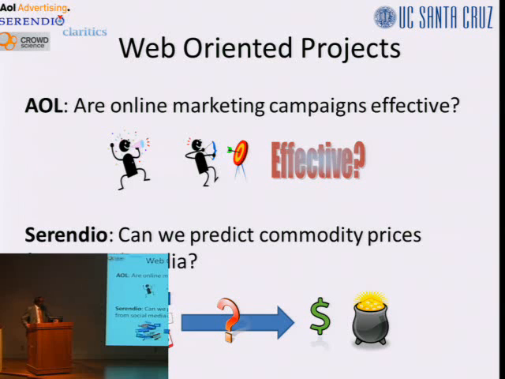Okay, so let's start with web. It's more fun, right? AOL, which I'm going to describe in a little more detail, is really about whether marketing campaigns are effective. Simple question, right? AOL is a company which stands between advertisers and publishers. Advertisers want to publish their wares on the publisher pages, but they don't quite know how to do it right to make money.